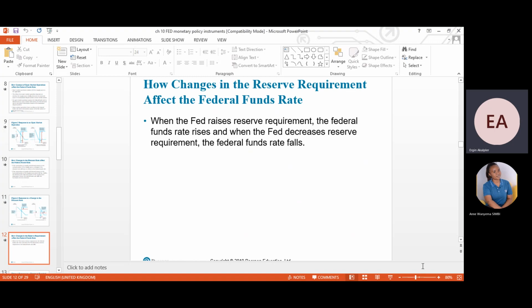It is normal, because if you increase the reserve requirements, the banking sector will increase their rates to hold the money in the sector, and as a result the demand for money will become enlarged. Vice versa, when the reserve requirement decreases, the federal funds rate will also fall, because it is not necessary to hold that much money in the bank.